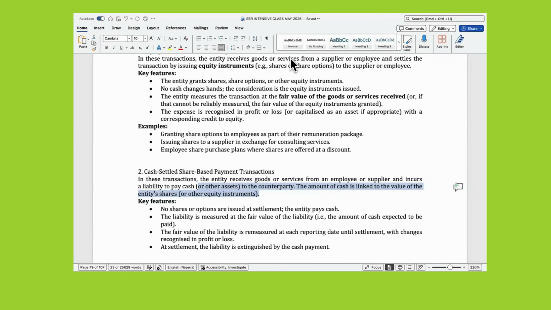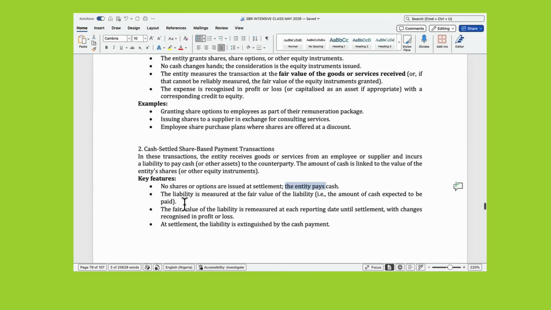So for cash settled share-based payment, there are no shares or options here. The company is not issuing shares or options. But what will happen is that they will pay cash. Also, here, because the company or the entity is paying cash, they have a liability.